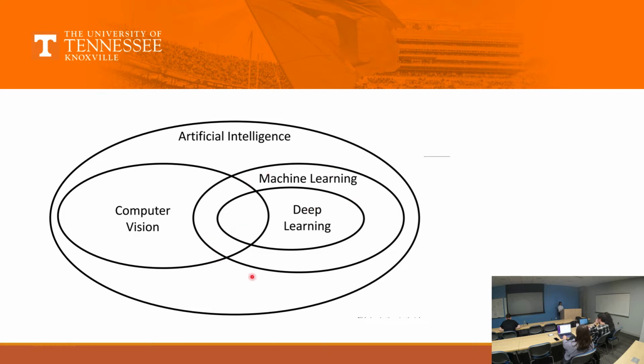Now, the machine learning area itself has deep learning in it. And we are somewhere here, where we are merging computer vision and deep learning. So your paper can involve all these terms: artificial intelligence, machine learning, and deep learning. I will go into detail in later slides about the exact difference. We are covering a branch between computer vision and deep learning.